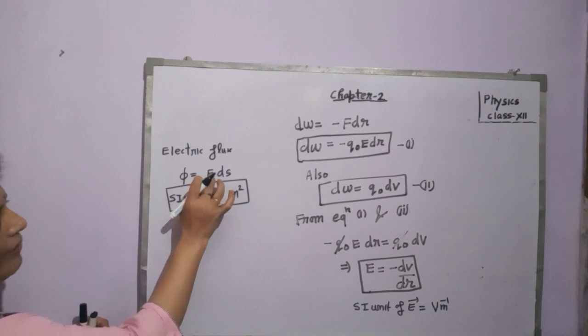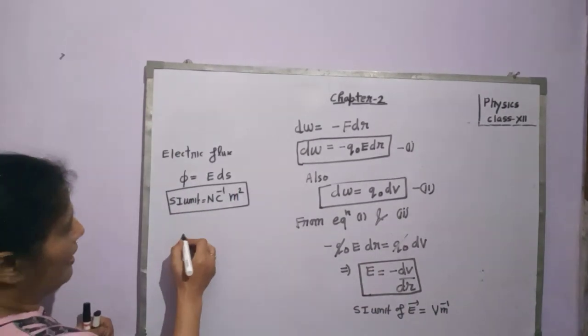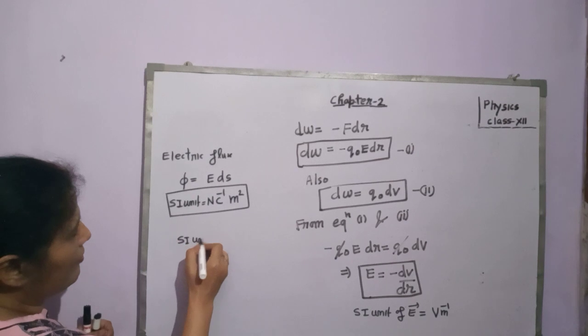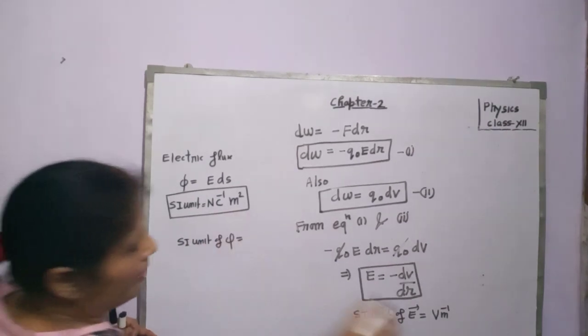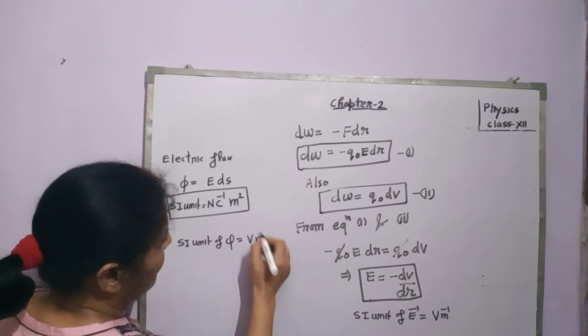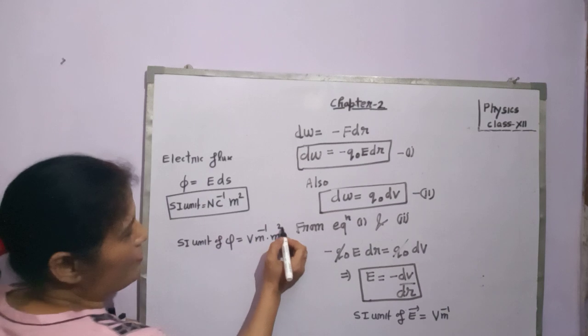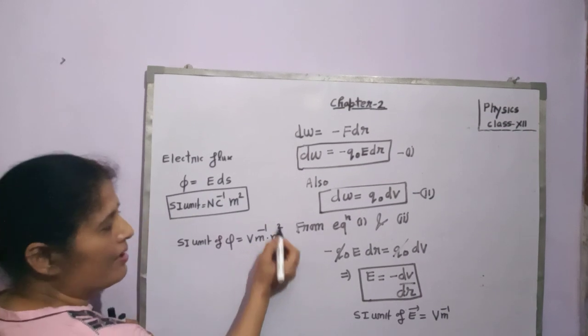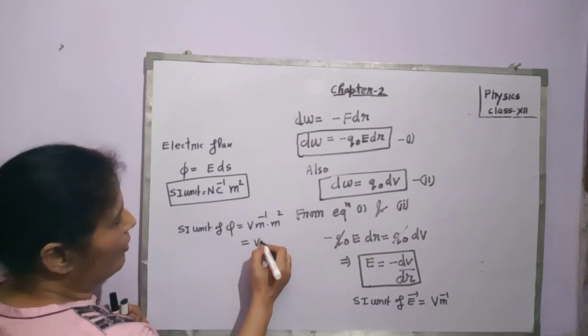Now substituting the value of E in this term, the SI unit of phi is also equal to how much? E, that means volt meter inverse, multiplied by meter square. Meter raised to the power 2, meter raised to the power minus 1. After simplification, we get meter. That means volt into meter.